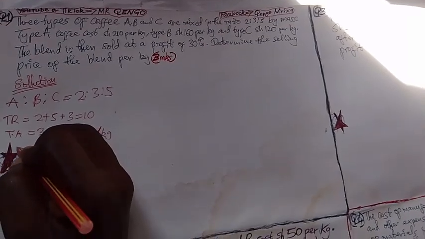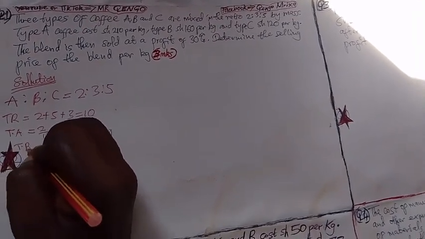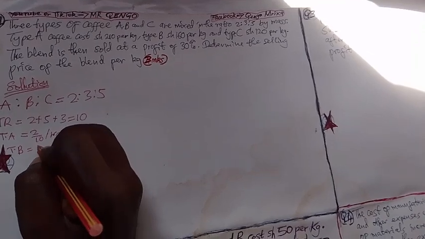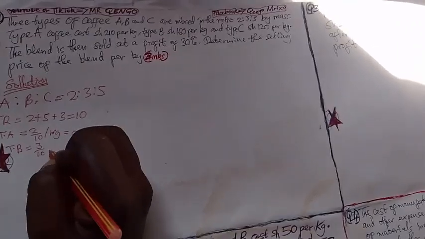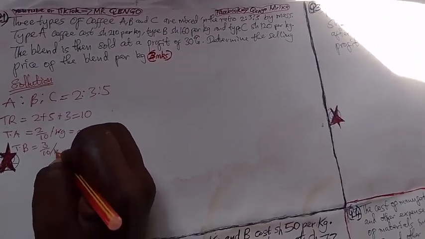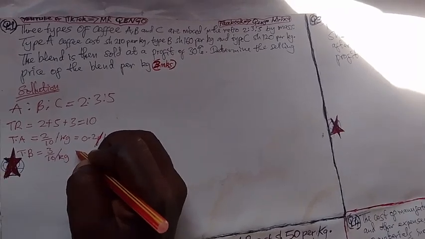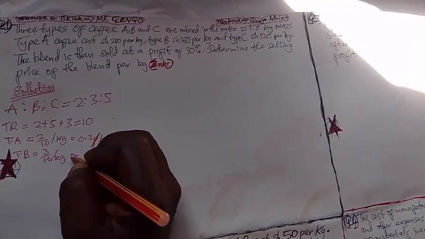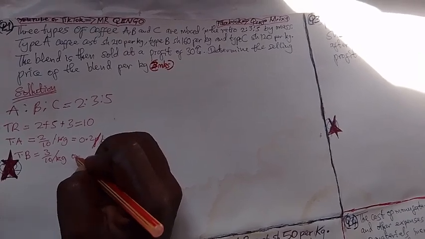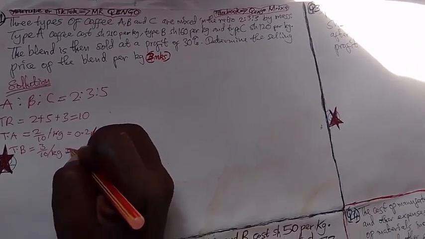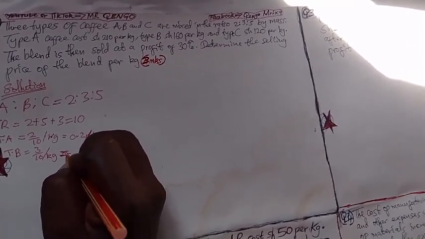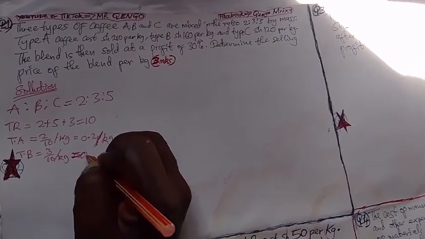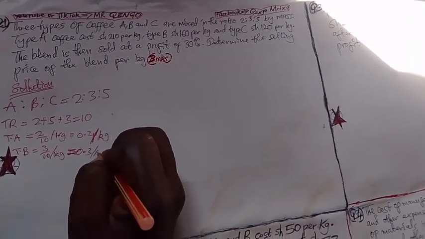Type B is given by 3 over 10 per kilogram, which is equivalent to 0.3 per kilogram.